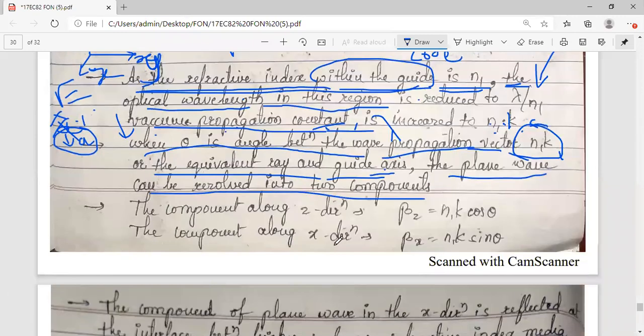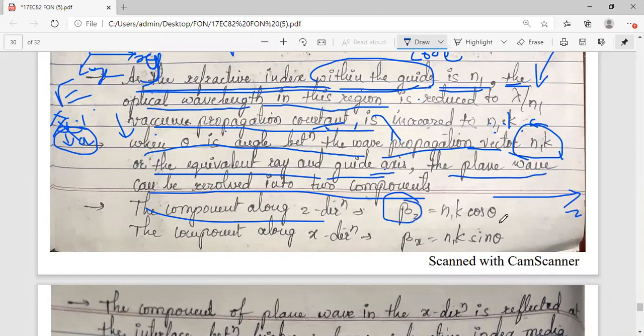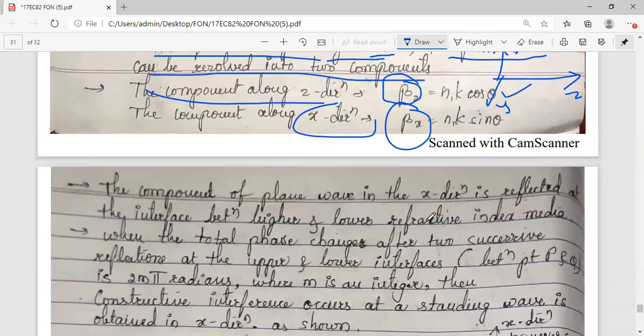Just now I have told you, the component along the z direction, because I am taking the horizontal axis as z, will become beta z equal to n1k cos theta. Your vertical direction is the x direction, and the remaining one is obviously y. So beta x will be the vertical resolution, n1k sin theta.